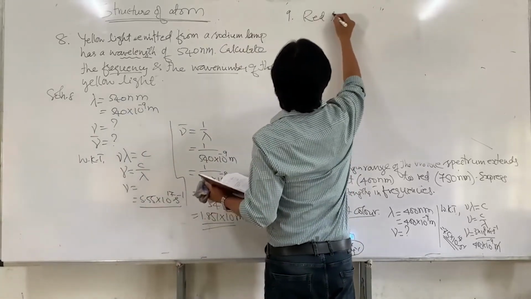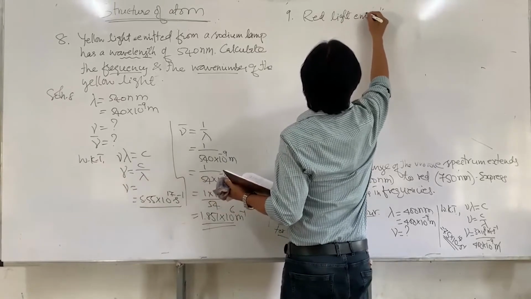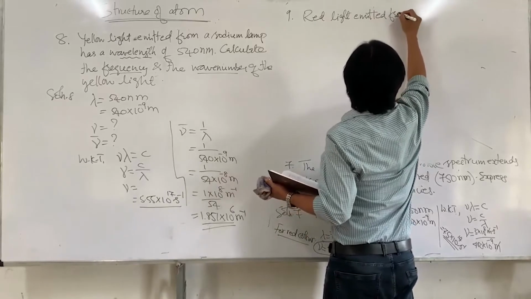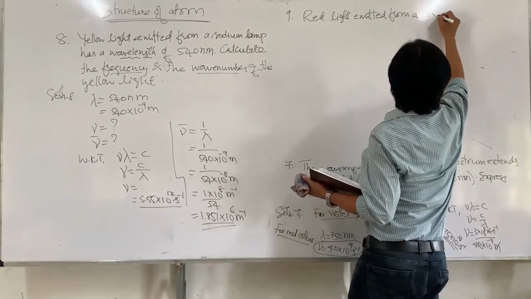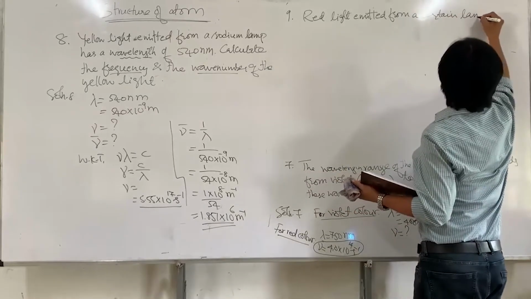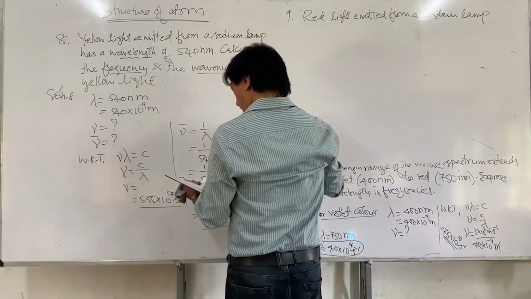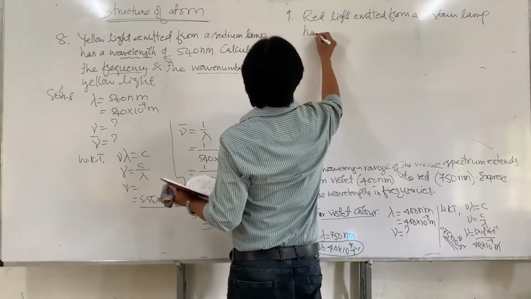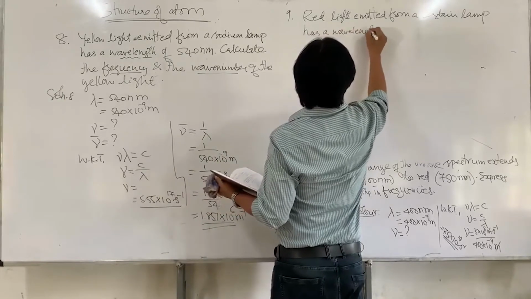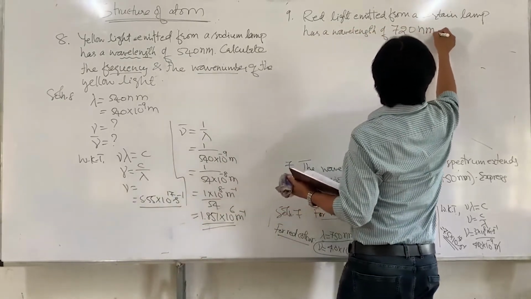Question number 9 for you is: red light emitted from a certain lamp has a wavelength of 720 nanometers.